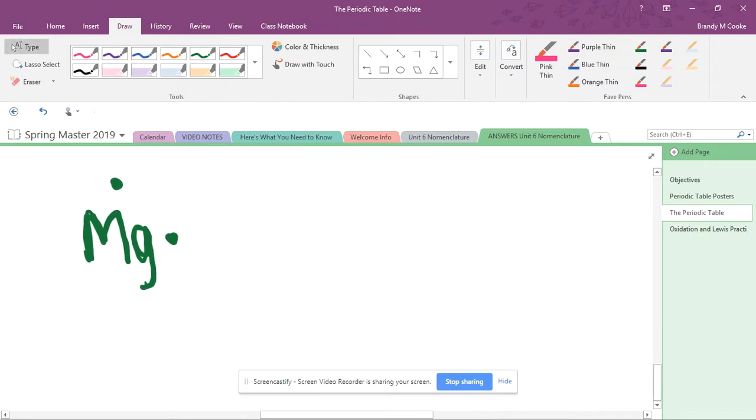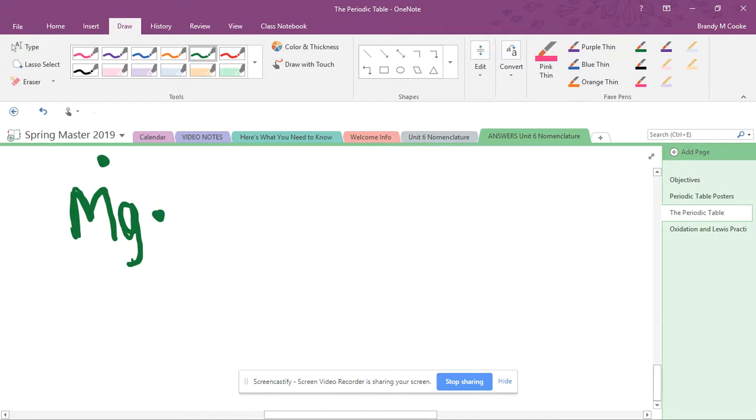Now, there is no right or wrong in terms of where those dots go, except that they can't go next to each other. What I mean is that if you want to say Mg and put a dot here and a dot here, that's perfectly correct. Or if you want to put a dot there and a dot there, that's perfectly correct. Or maybe you want to put one on the left and one on the right.